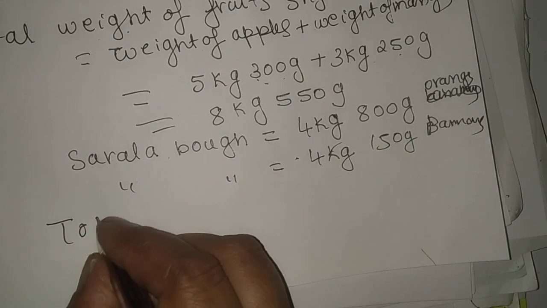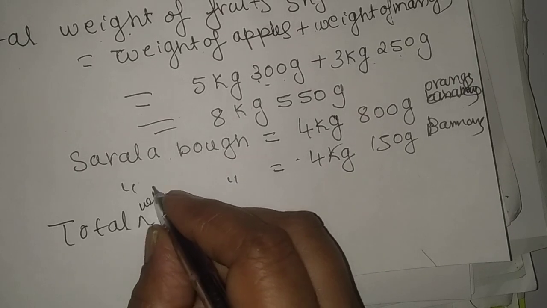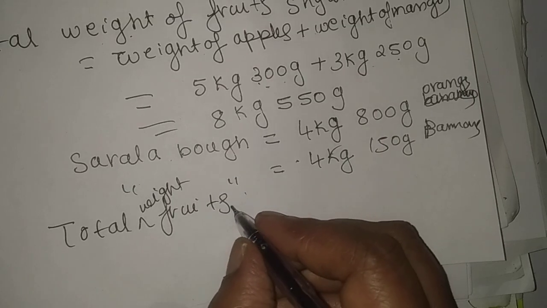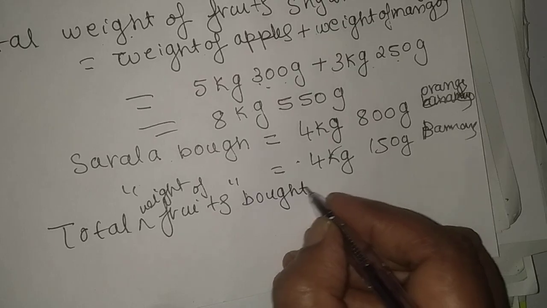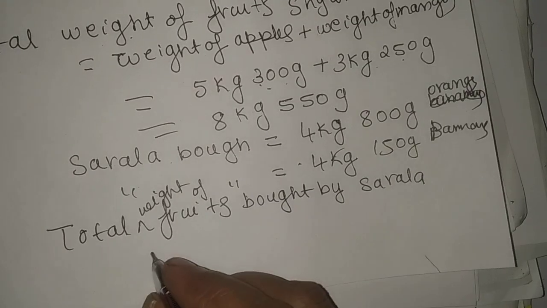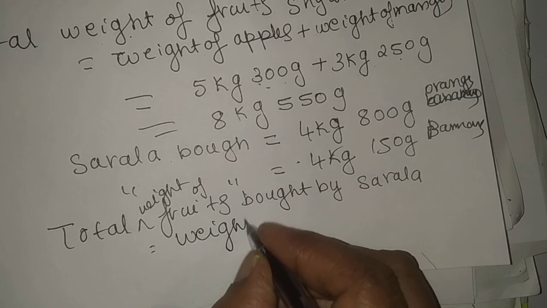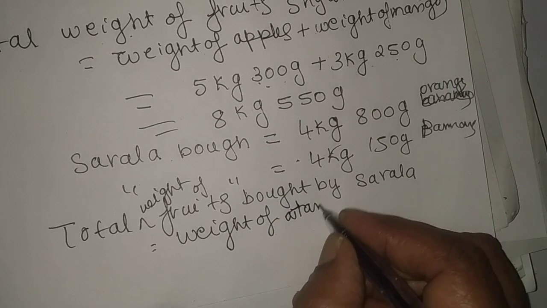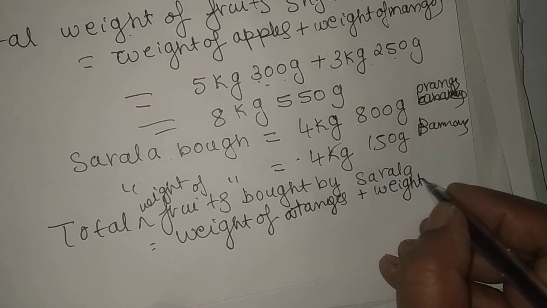Now add the total weight of fruits bought by Sarla, which is equal to the weight of oranges plus the weight of bananas.